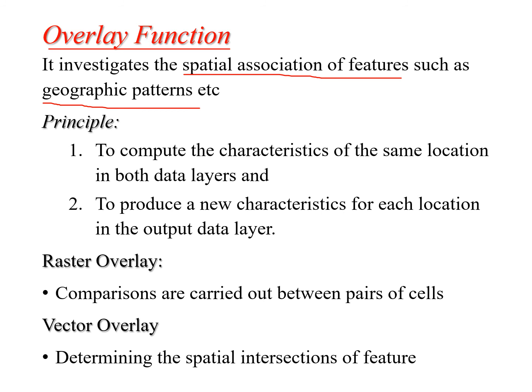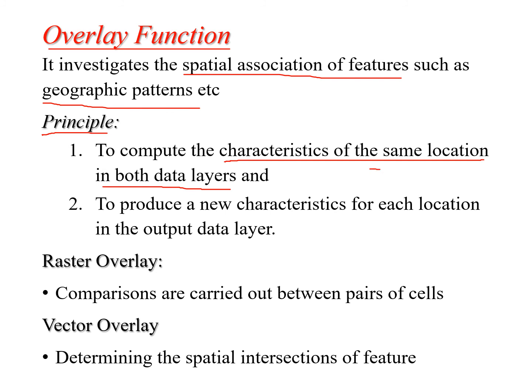The principle of the overlay function is, first, to compute the characteristics of the same location in both data layers. For example, there are two layers, and we want to know the characteristics.